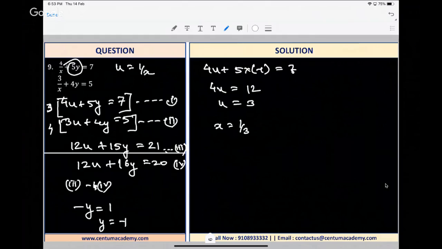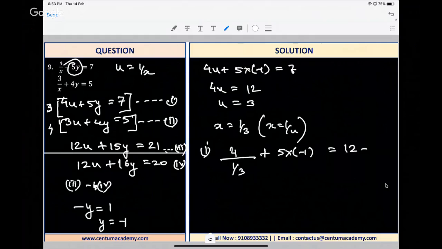Let's check. Why? Because x equals to 1 upon u. Let's check equation number 1. We'll check. 1 is 4 upon x. So 4 upon 1 by 3 plus 5y. So 5 into negative 1 is equal to 12 minus 5, which is equal to 7. So satisfies. And equation number 2 is 3 upon x.